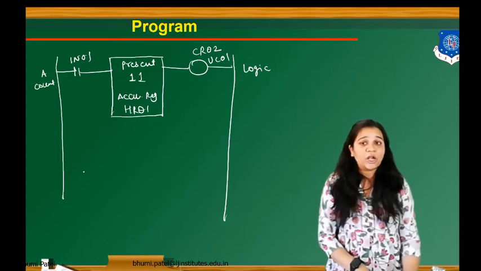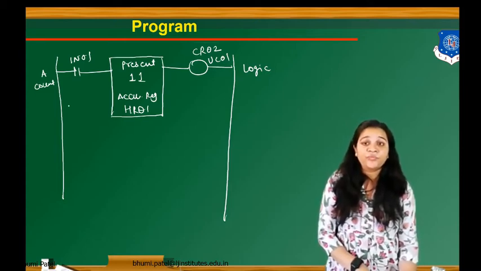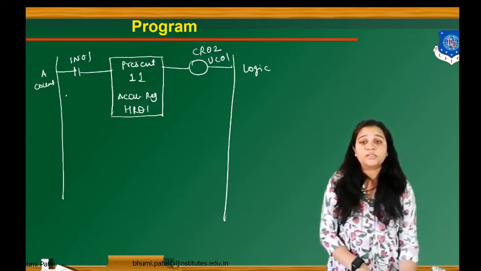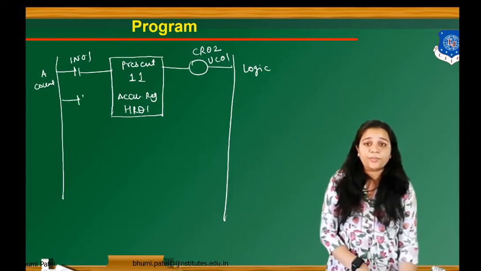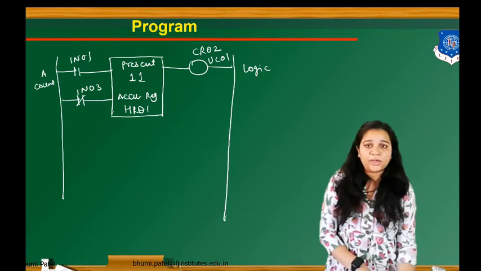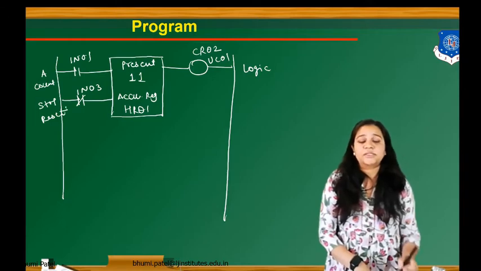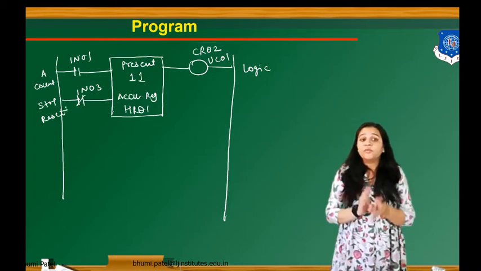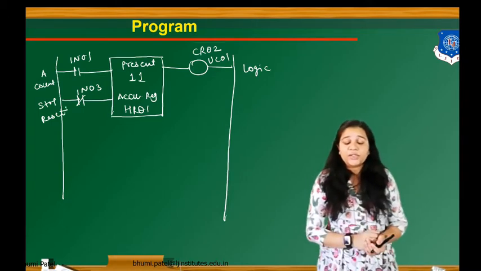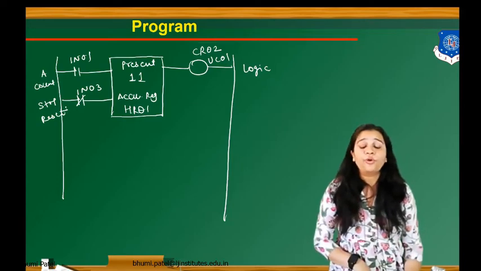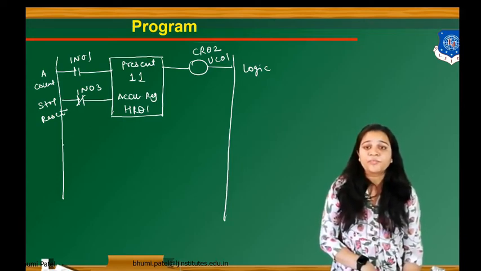So this is the logic for the A input. Now one stop button is there, so we connect the stop button here, and its name is IN03. This is for stopping or resetting the process. Whenever we use a counter, we compulsorily have to use two inputs for it.